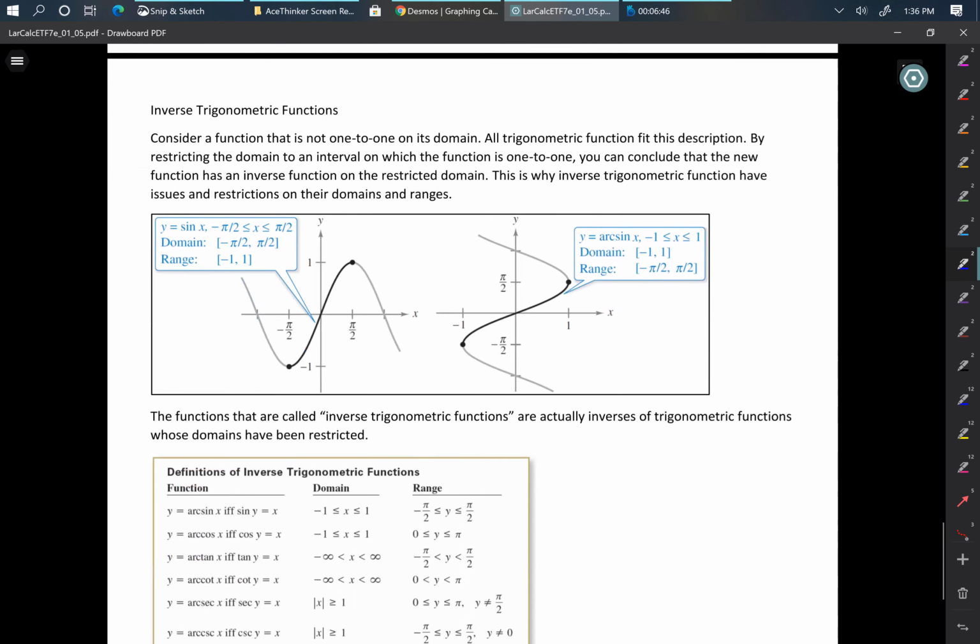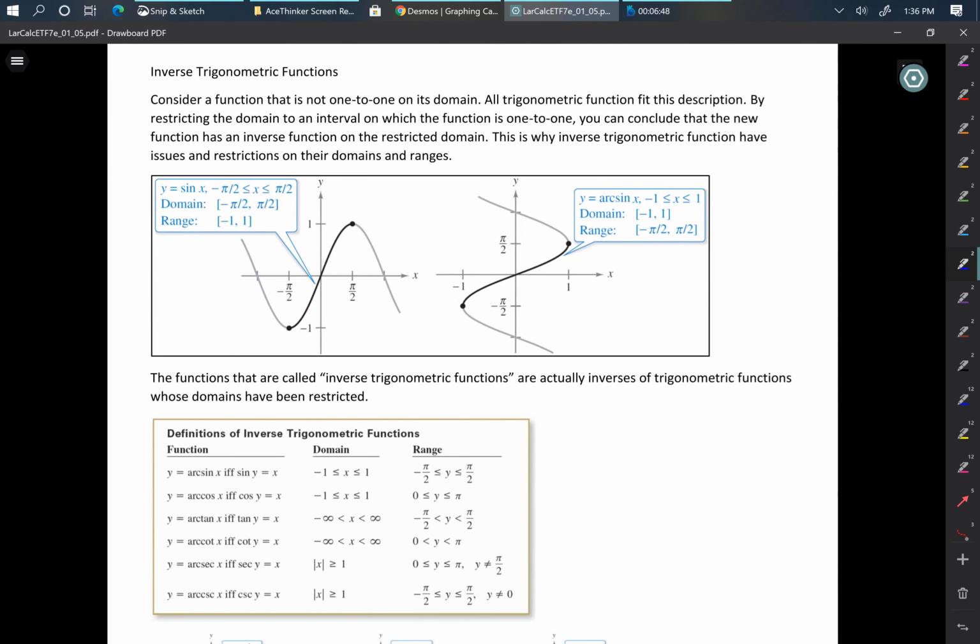All right, last thing we have to do is take a look at the idea of inverse trigonometric functions. So we're going to consider a function that is not one-to-one on its entire domain. All trigonometric functions fit this description. All trigonometric functions are not one-to-one on their entire domains. Because of that, they do not have an inverse function that exists for everything.